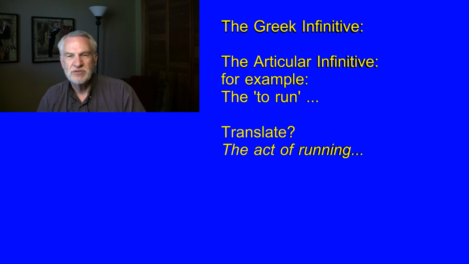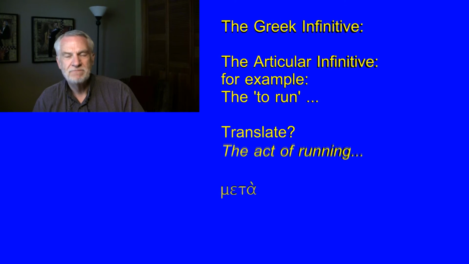For example, if I use the preposition meta, which with the accusative means "after," well, with the articular infinitive I would say meta, after, to, the article, after the, and then luein, after the act of loosing.